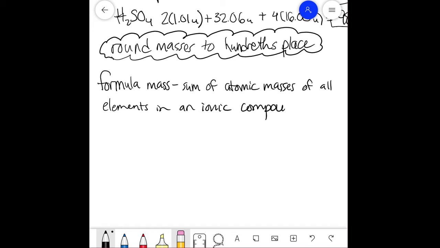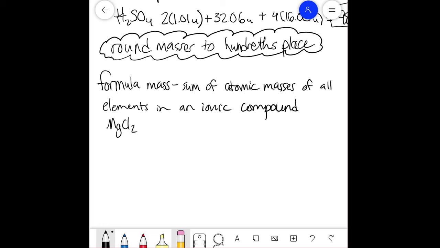Because when you have the formula for an ionic compound, such as magnesium chloride, it shows the ratio. So unlike molecular, where you actually have that number of elements, in ionic this is just the ratio. In each crystal, there's 1 magnesium for every 2 chloride.